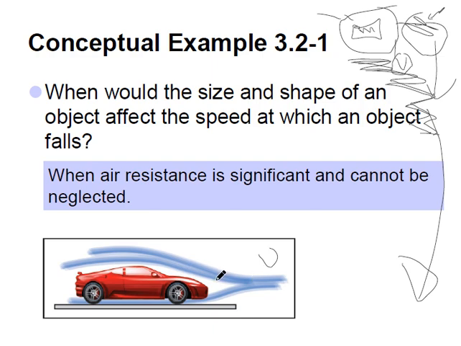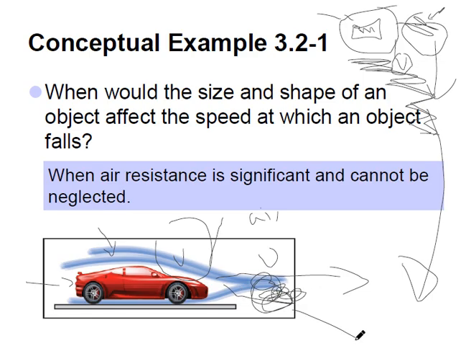We can see the car going in this kind of direction, and here of course there is your air resistance. So the size and shape of that car is going to affect its speed when you have significant air resistance. If you pay attention to the weather, if you have heavy air, you're going to have to use more energy to pass that air resistance or friction to make your motion.